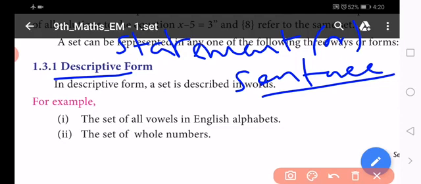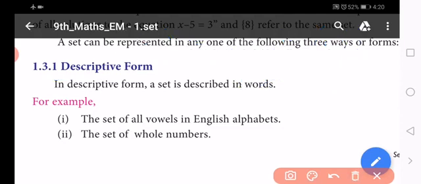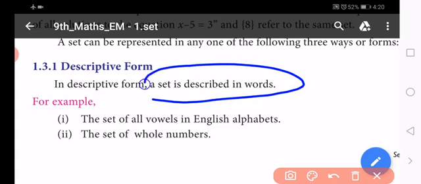So in the descriptive form, a set is described in words. That is the verbal description or statement. A set is described in words; that form is called descriptive form. No symbols and no notations can be used in this form.